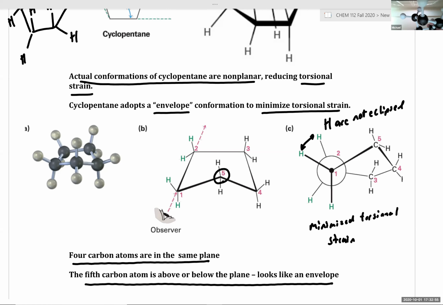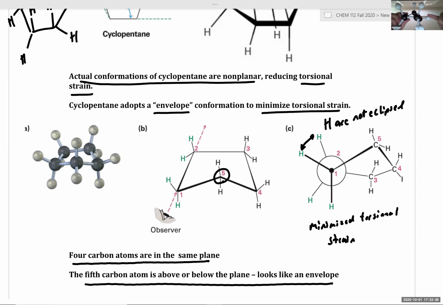So let's showcase this as a side-on view. Let's remove this substituent to make it easier to see. Does everyone see how we have most of our carbons in the plane and this one carbon pointing out above the plane? Now, if we look really carefully down one of our carbon-carbon bonds, let's arbitrarily look down this carbon-carbon bond right here.